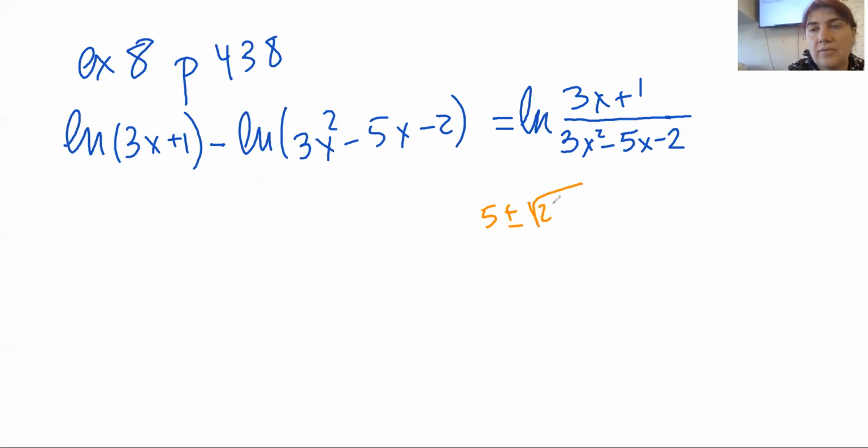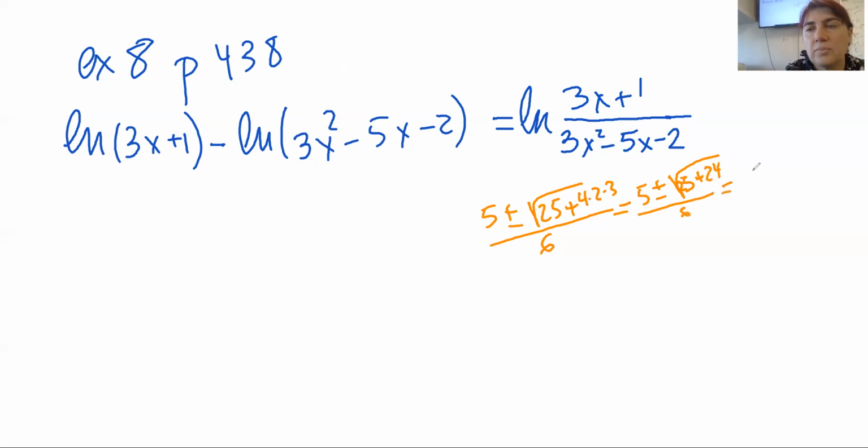Square root of 25 minus, it's going to be plus 4 times 2 times 3 over 6, right? So this would be 5 plus or minus square root of 25 plus 24, which is nice.